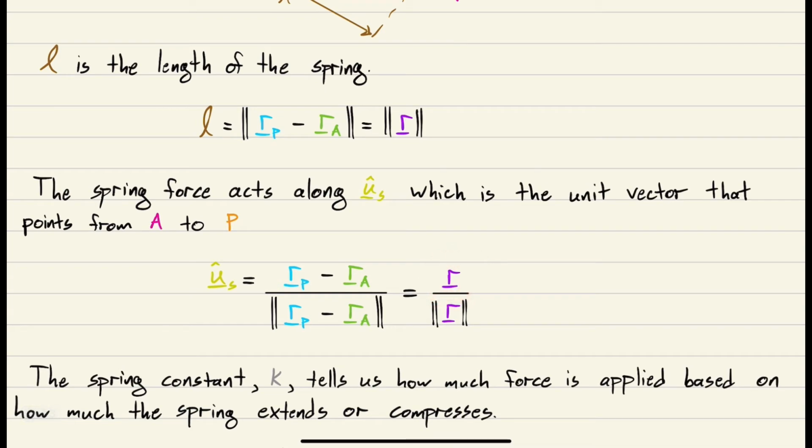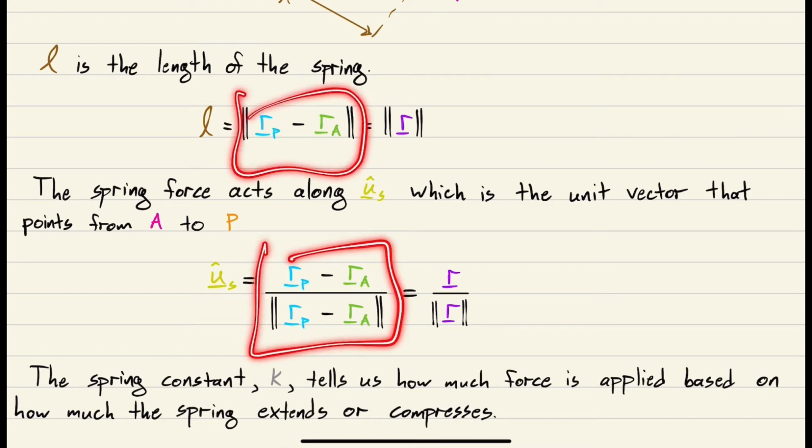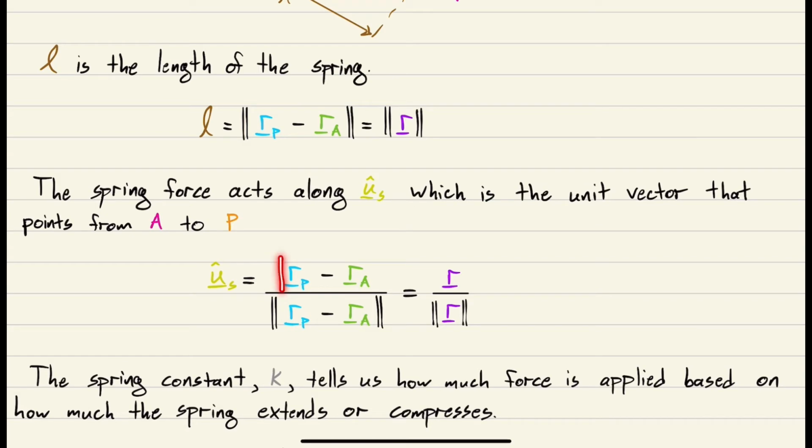R divided by the magnitude of R will give us a unit vector, U sub S, which is the exact same thing as this right here, right? So this would be a vector that points from A to P divided by the magnitude of the vector from A to P, which is this. Okay, I think we get it.